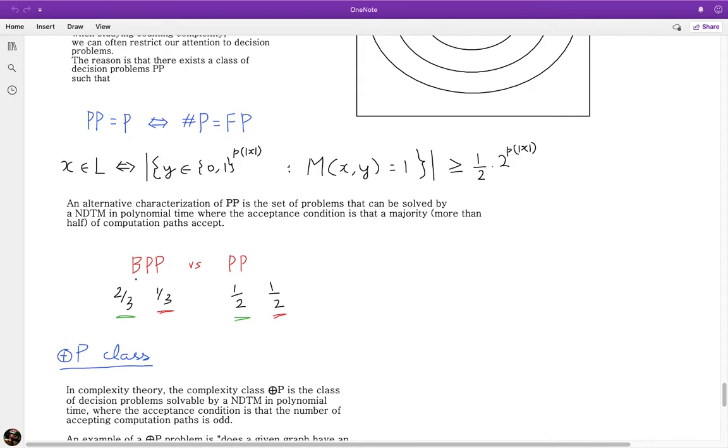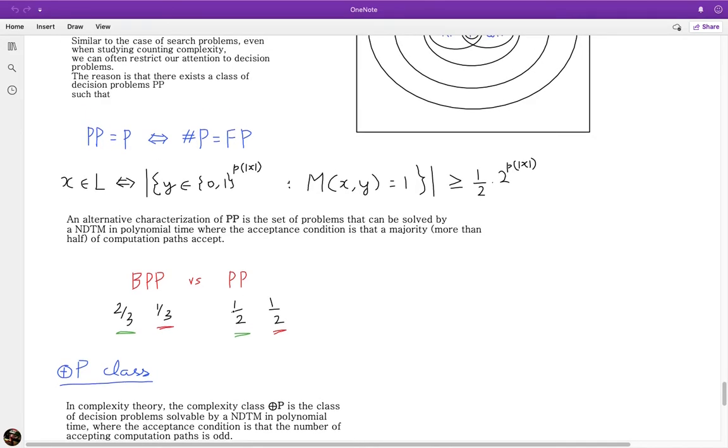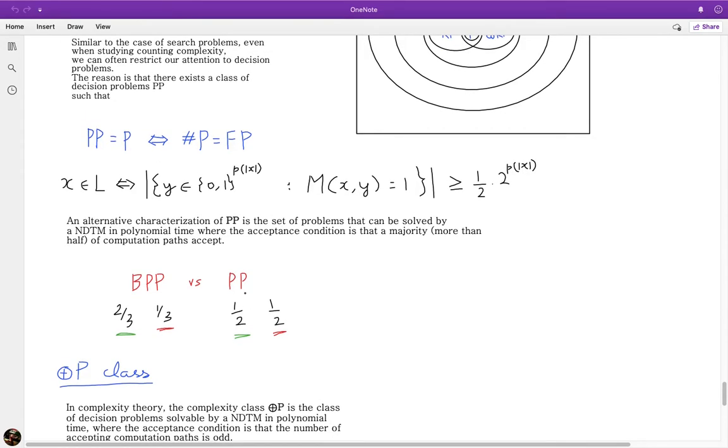As we know, BPP, which is bounded probabilistic polynomial, with probability greater than or equal to 2/3 gives us the correct answer, and the probability of error is a maximum of 1/3. Similarly in PP, as we have discussed, the probability of it giving a correct answer would be greater than half, and the probability of error would be at most half.